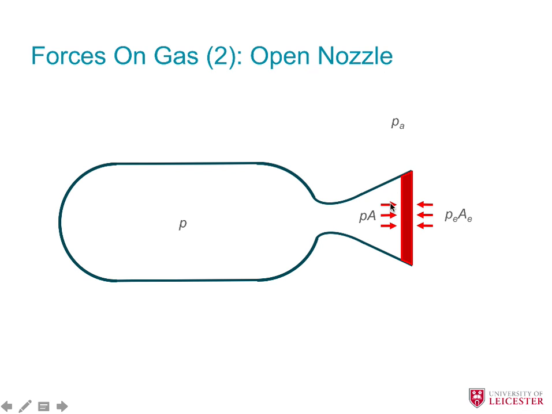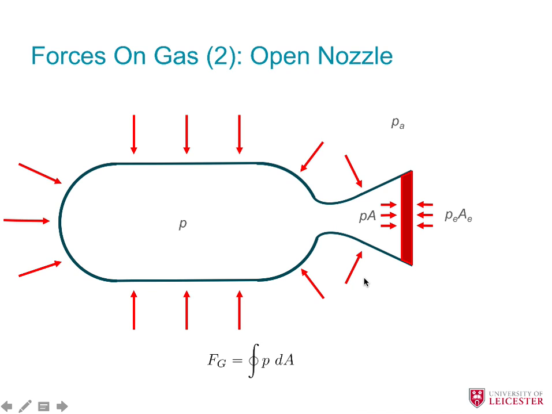So if we think about the way that the forces are acting on that gas volume, we can see that in fact the force on the gas is modified by a retarding force, which is this PE AE term.